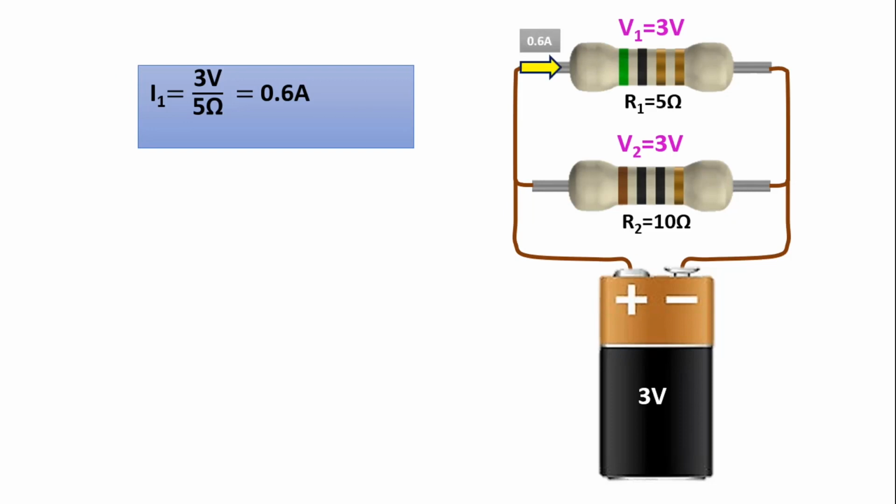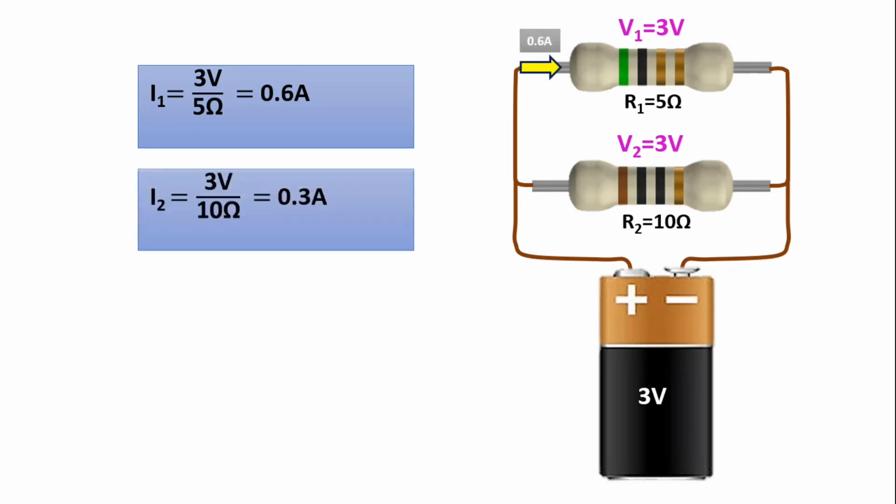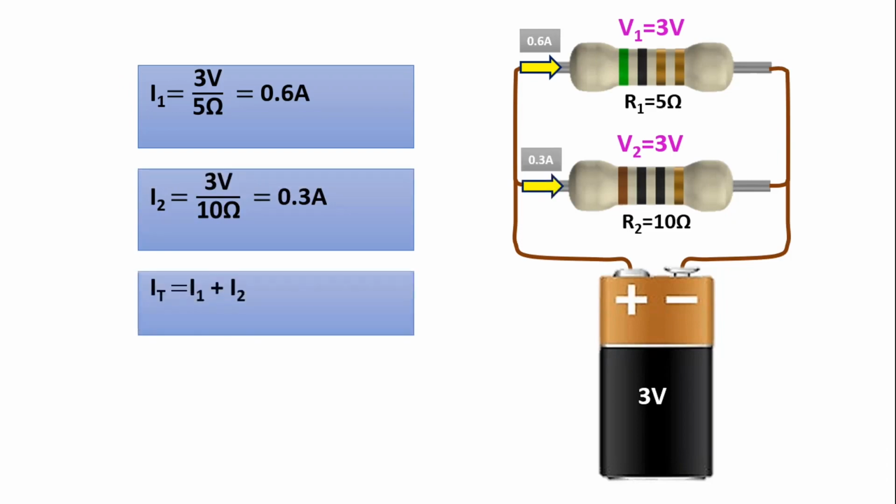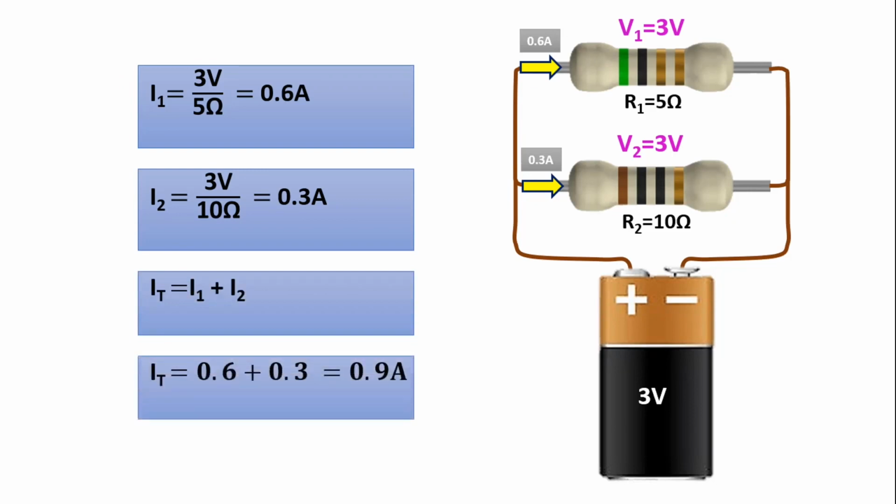I2 current becomes 0.3 amps from 3 volts divided by 10 ohms. If we want to find the main branch current, that is, the total current, we need to add the currents I1 and I2. That would be 0.9 amps. We can see that the current flowing through the resistors is inversely proportional to the resistor values. A small current flows through a large resistor, and a large current flows through a small resistor.